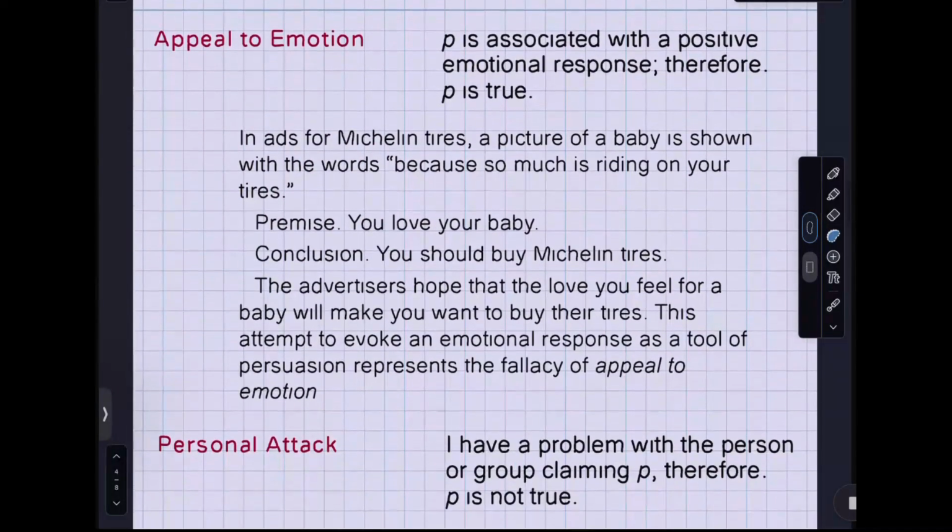Appeal to emotion. This is also a commercial. See, back in my day, there were a lot of commercials that we couldn't skip after 5 seconds, like the ones that you guys can skip on YouTube, right? We don't get to skip those.